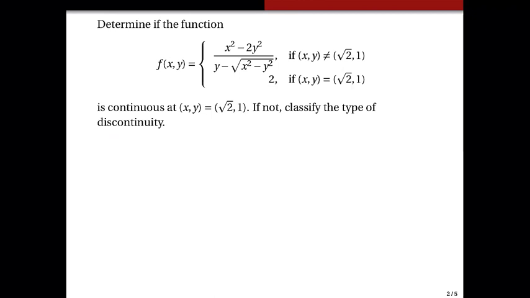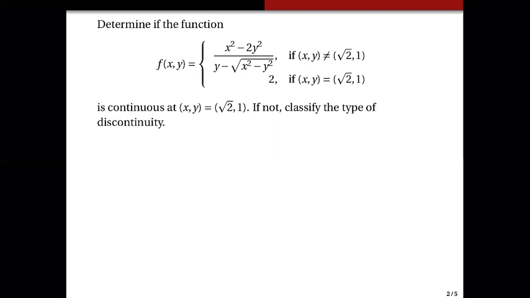So what do we have in here? On the denominator, you have this square root, and what's inside is x squared minus y squared. And also we have y minus the square root of this.